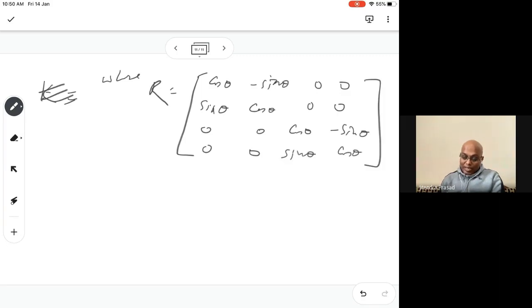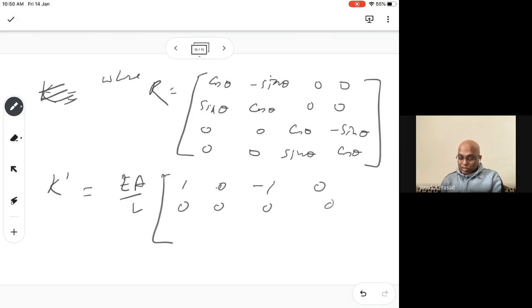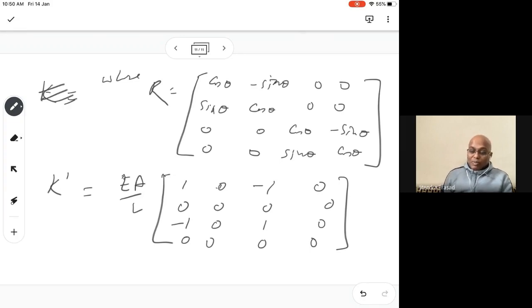R is like this, and K dash is equal to EA over L times the matrix 1 0 minus 1 0; 0 0 0 0; minus 1 0 1 0; 0 0 0 0. That's it, and you will find it.